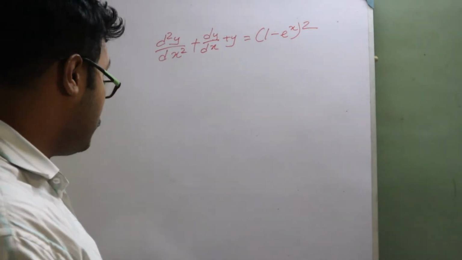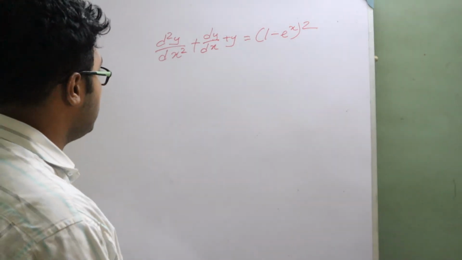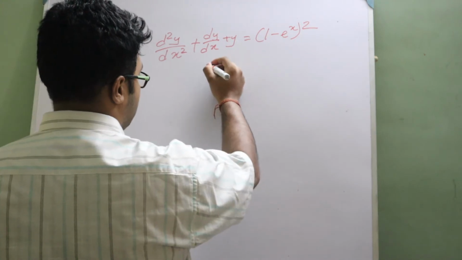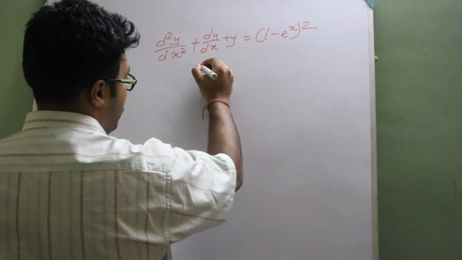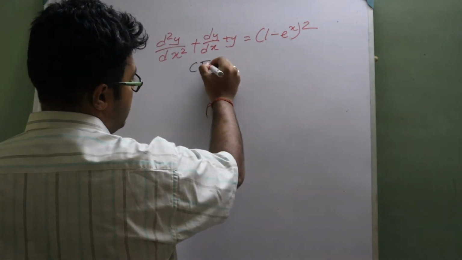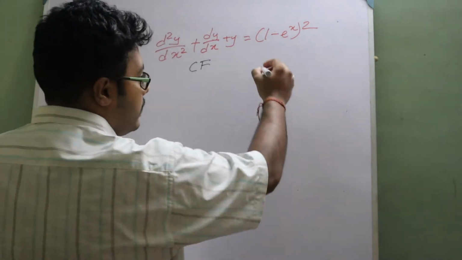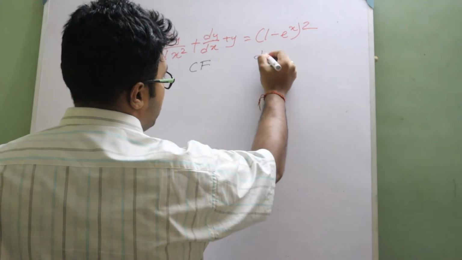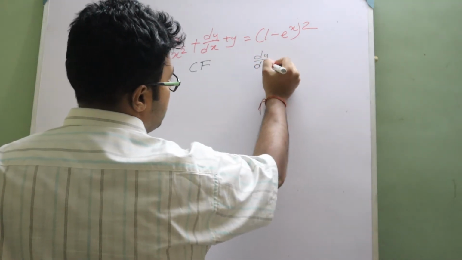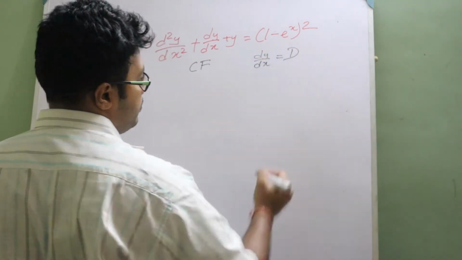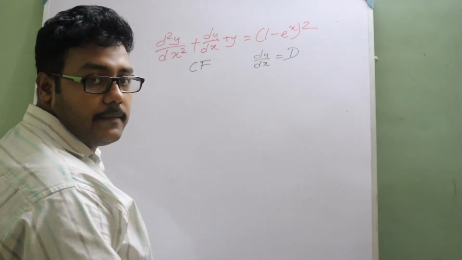Then what we need to do is, first we have to find the CF. For CF, what I have shown you is that we assume dy/dx is equal to D.